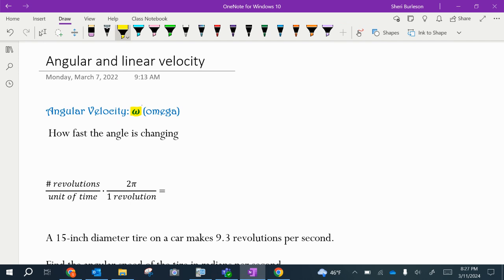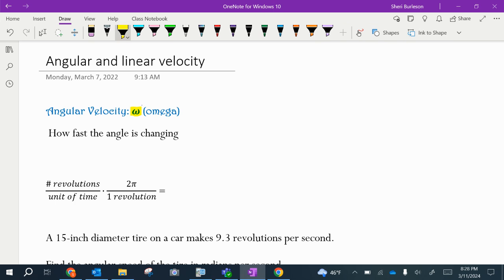It is a lowercase Greek letter. What we're talking about with angular velocity is how fast the angle is changing, at what rate the angle is changing. So this is a rotational velocity.